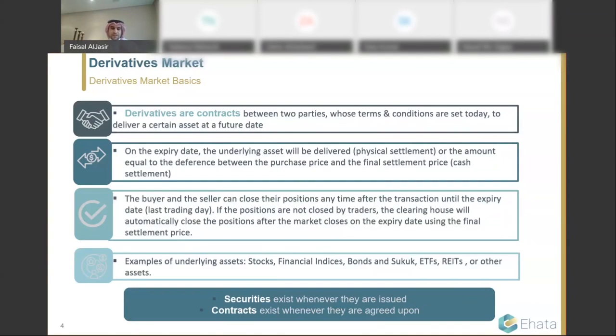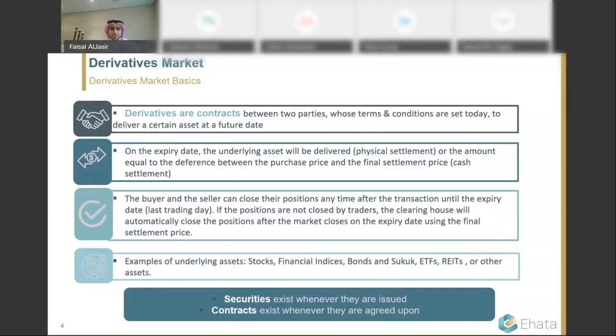There are even currently derivatives on weather to hedge against the risk of weather-related losses. So just for your imagination, to understand how the underlying can be a wide range of things.